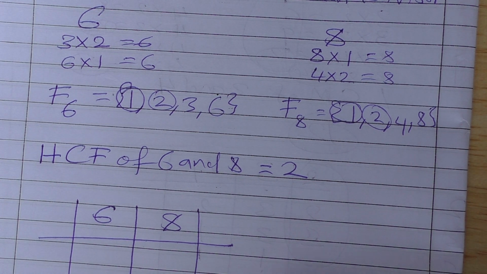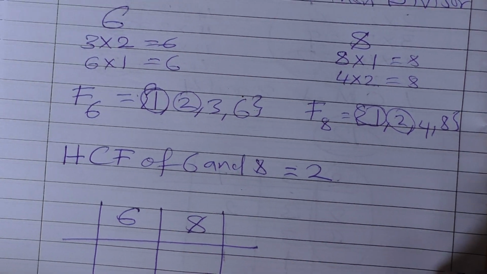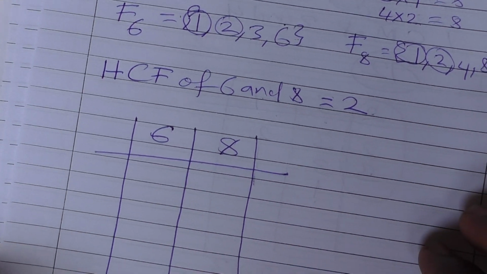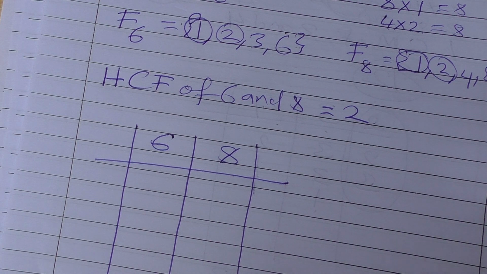But on one condition, and this is so important: as we are dividing these numbers to get the highest common factor, we must consider only those factors that can divide both. If they can't divide both, then we don't use such factors.